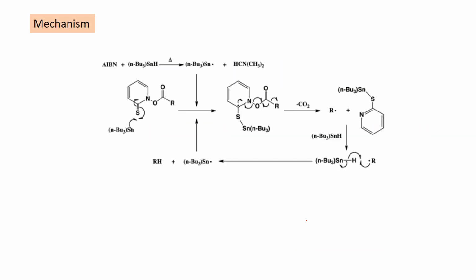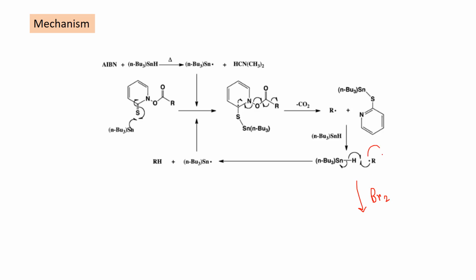Next, what is the mechanism of this reaction? As I have already discussed, let's take a look again. This will attack the sulfur. This bond will break, forming this R radical. Now this R radical will take a proton from this hydrogen donor and give us RH. Now instead of this one, if there is any halogen source, what will happen?